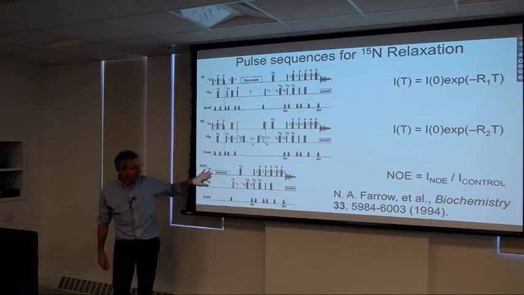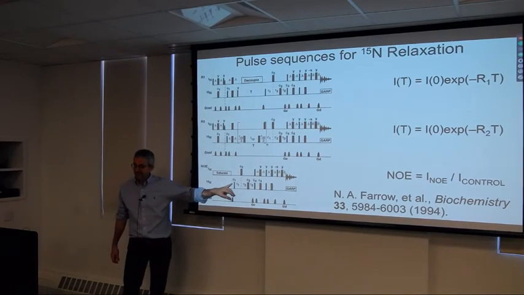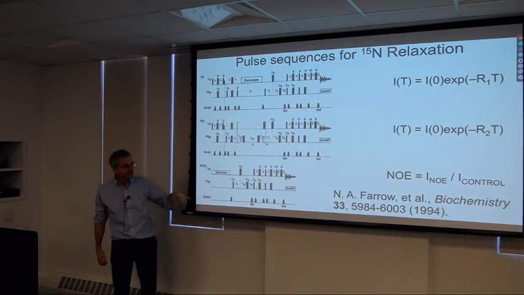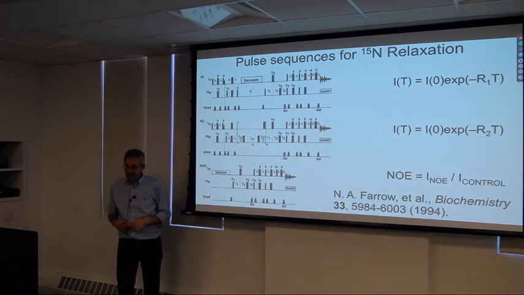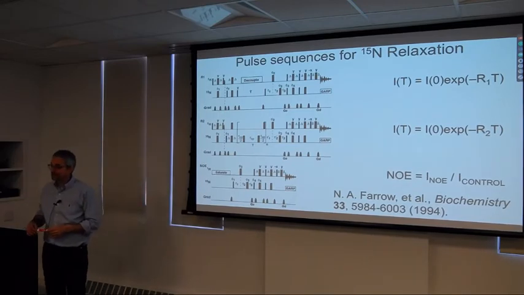The problem here is we're starting with essentially the natural nitrogen signal. So this is going to be an insensitive experiment. And in addition, we need to make sure the system for the control experiment has come back to Boltzmann equilibrium.